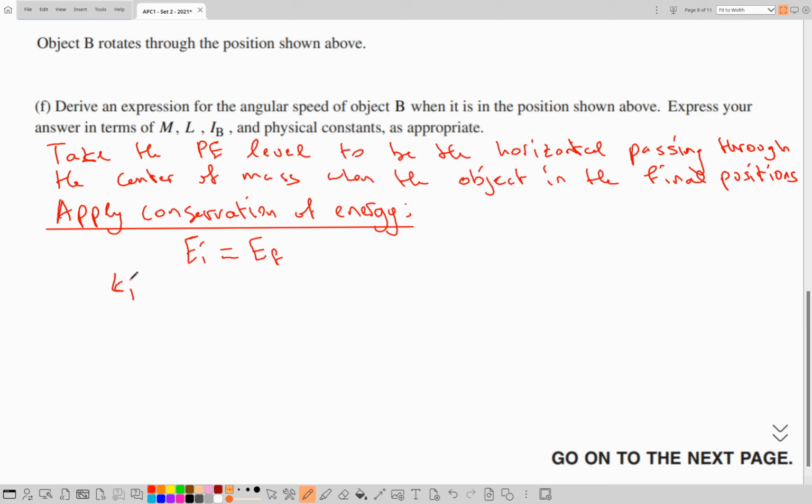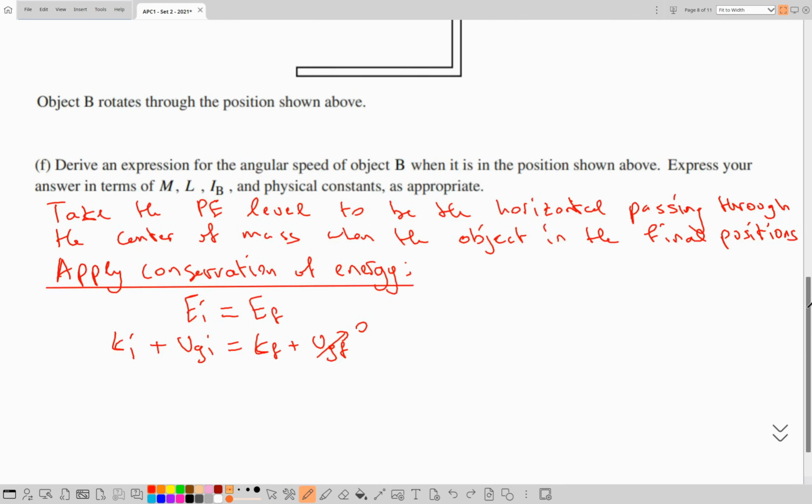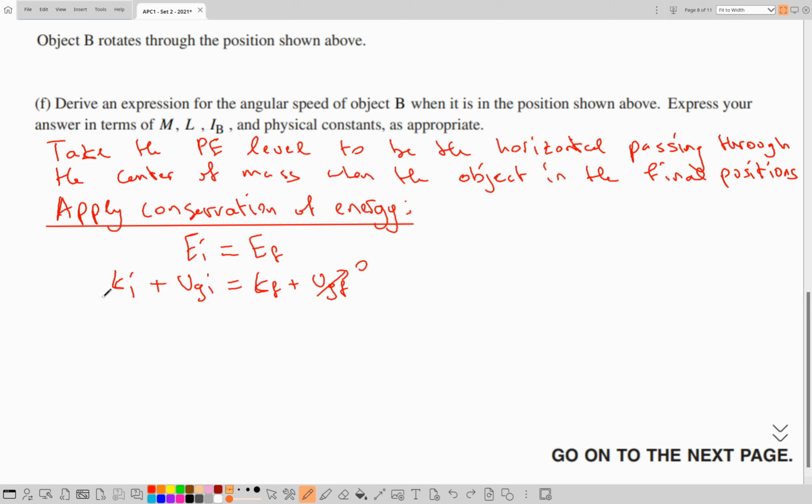Energy is about being kinetic and gravitational. Now, based on our choice, the final gravitational potential energy is 0, and I'm pretty sure somewhere in the exercise it has been stated that it's released from rest, otherwise they would have provided an initial speed.